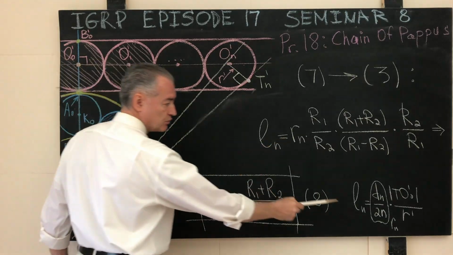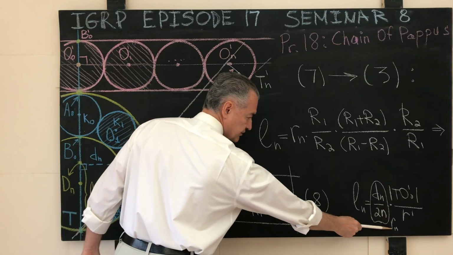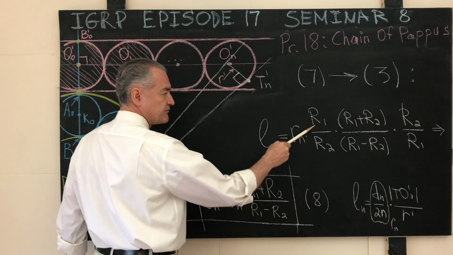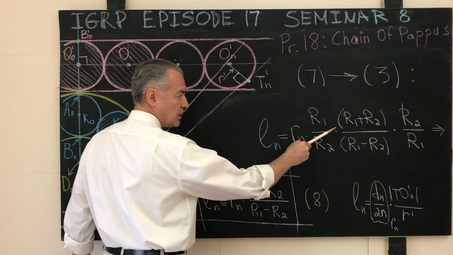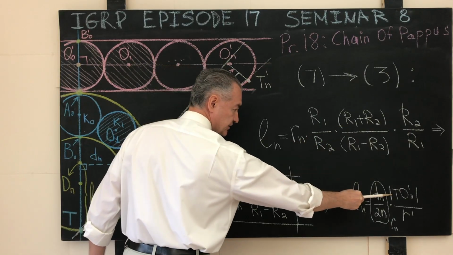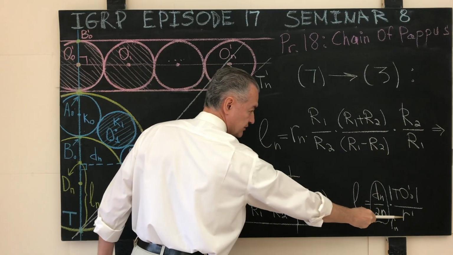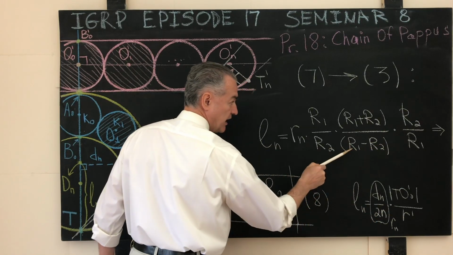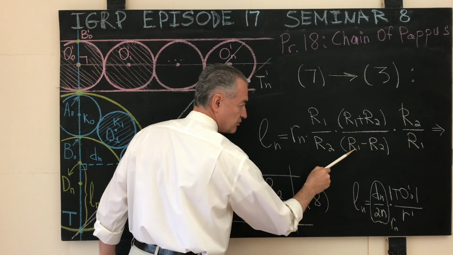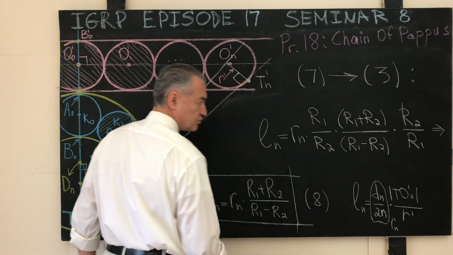Ln is equal to, this ratio is rn times r1 divided by r2 times this sum, this is this distance, divided by what? R2 divided by r1, this is the inverse of this r1, and divided r prime, divided by the difference r1 minus r2.